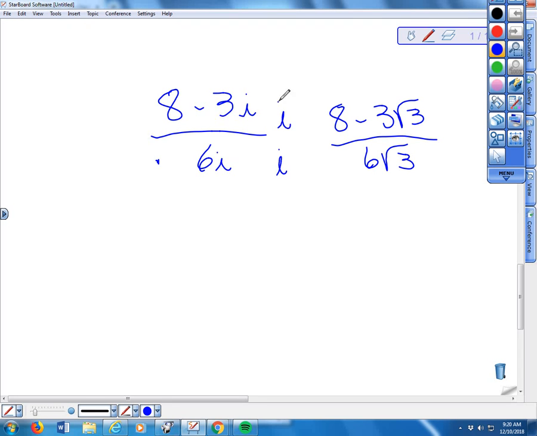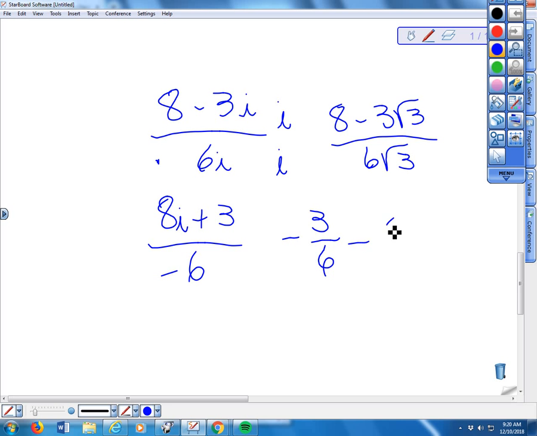Okay, this becomes 8i minus 3i squared, plus 3, over 6i squared. So to rewrite it, it would be negative 3 over 6 minus 8 over 6i, because the 6 is negative.